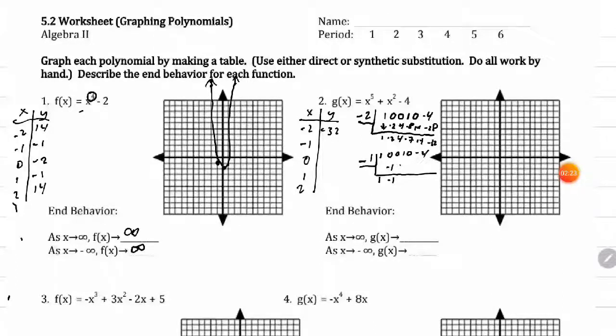And then it becomes positive 1. Then it becomes negative 1. Negative 1 plus 1 is 0. 0 plus 0 is 0. 0 times negative 1 is 0. So we have negative 4.